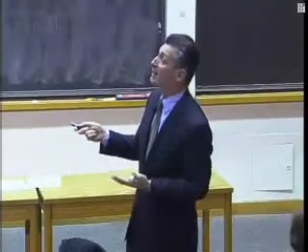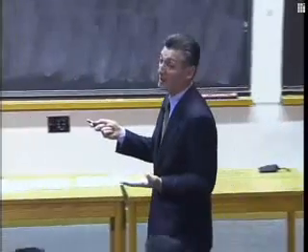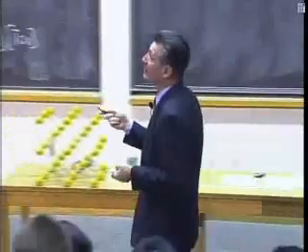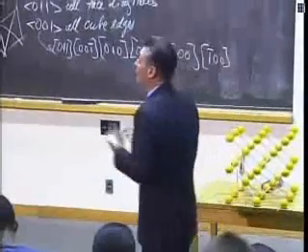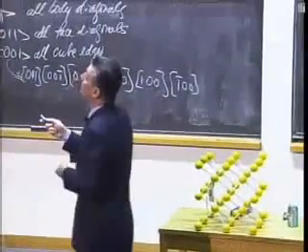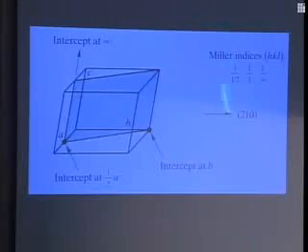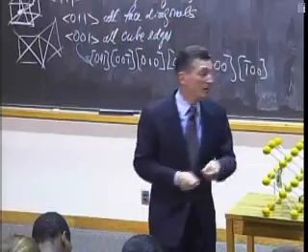So right away I can say that's a plane that's parallel to the z-axis. It doesn't cross the z-axis. So there's the formula: you take the reciprocal of the intercepts, put them side by side, no commas, and this is why we save the parentheses. That's why we don't put our position in parentheses, because we're saving parentheses for the plane.